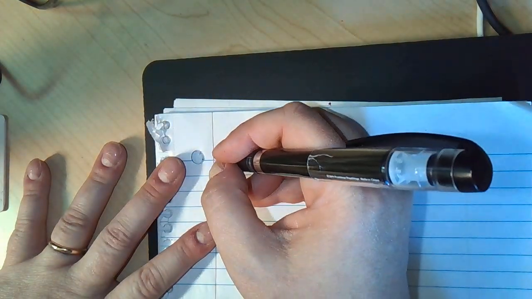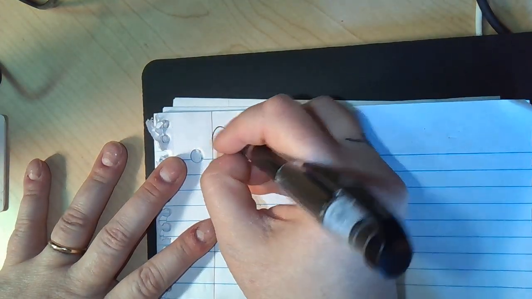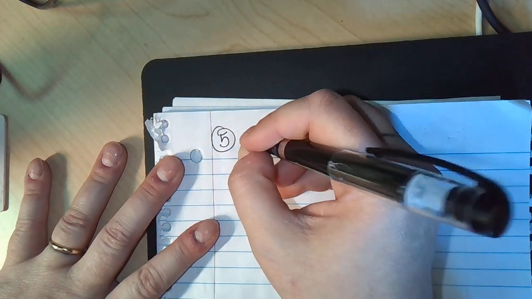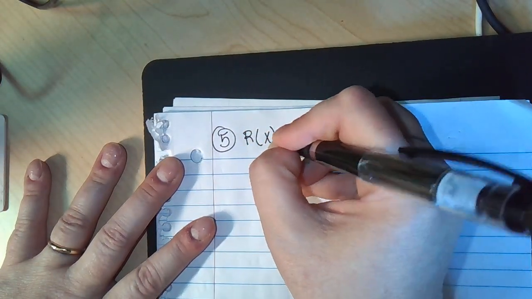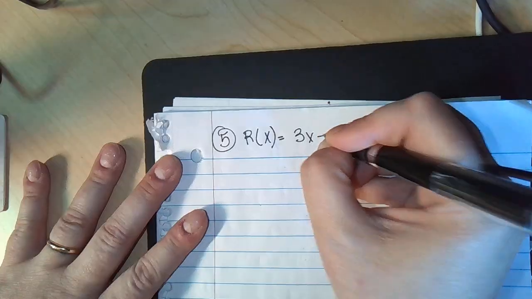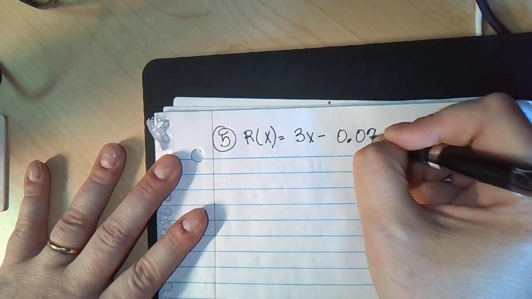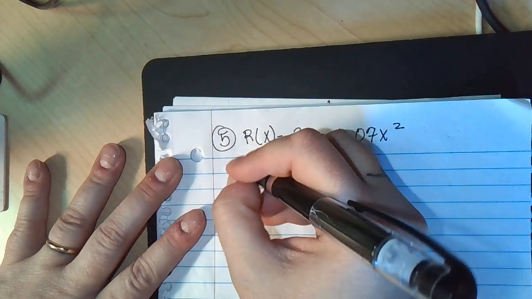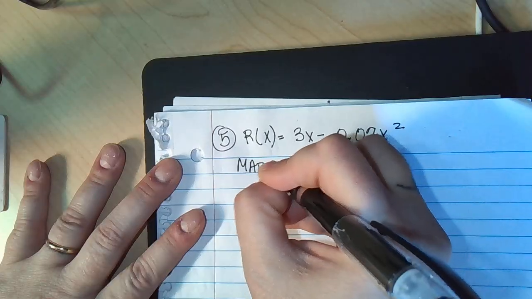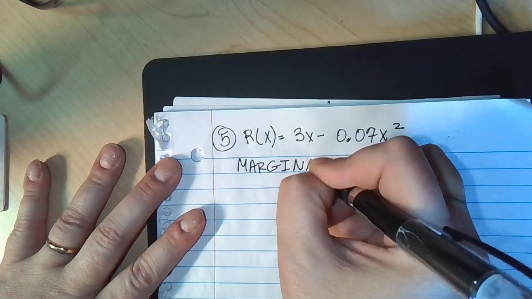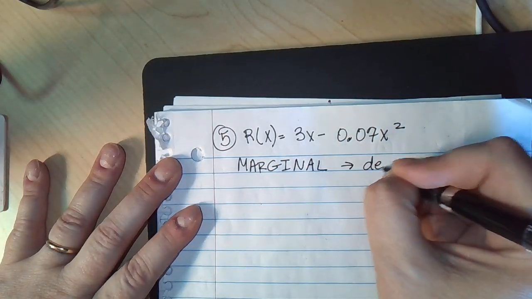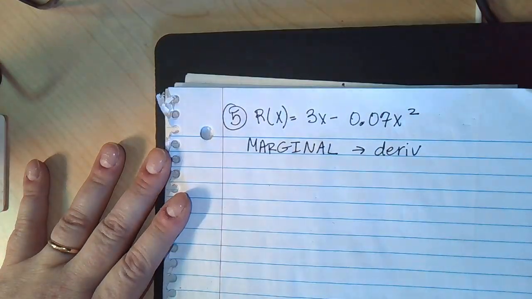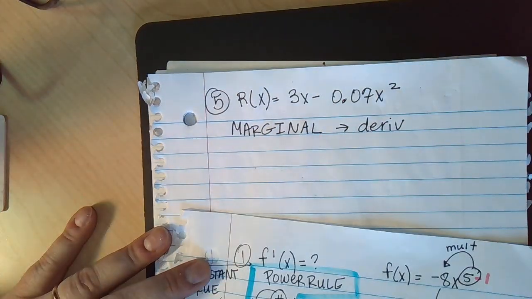So every time you see the word marginal, it means take the derivative. Okay, let's go to number 5. Number 5 gives you an equation for capital R, that means revenue, and then it asks for the marginal revenue. Remember, marginal means derivative. So let's take the derivative.